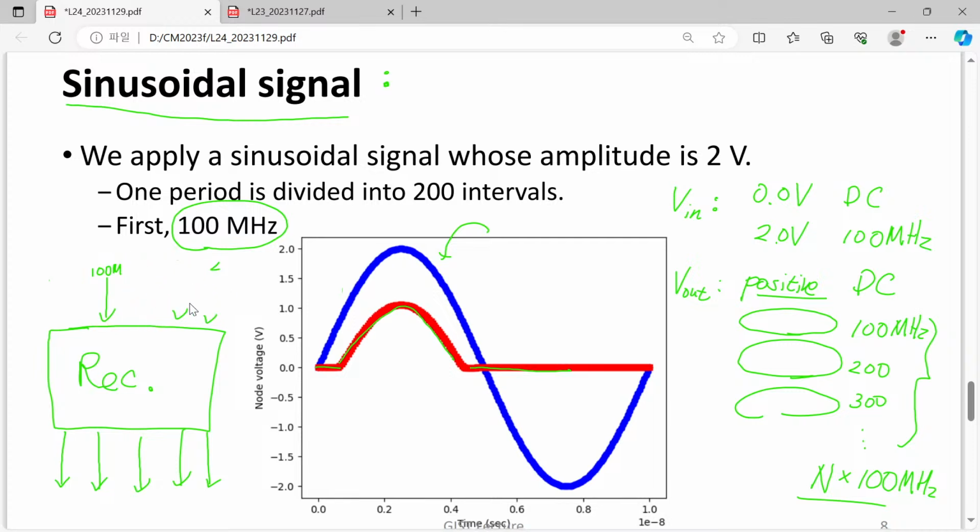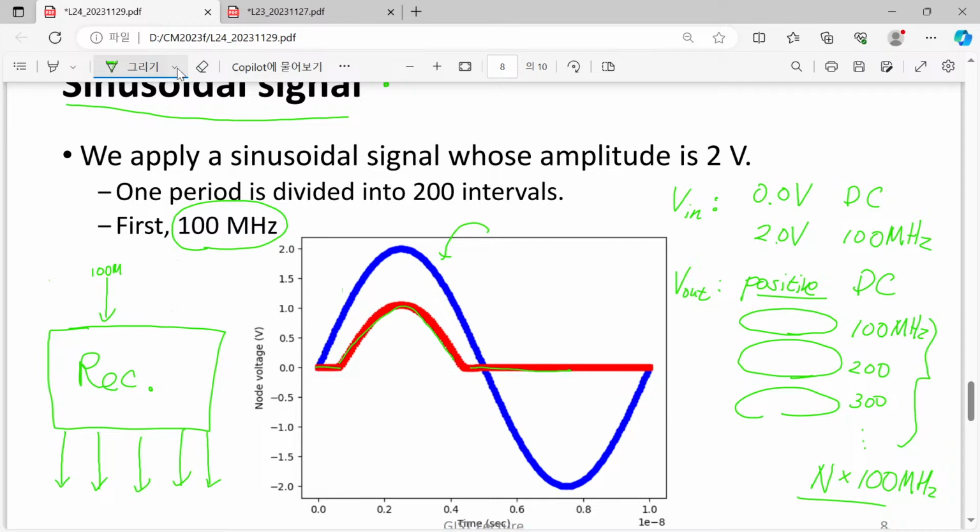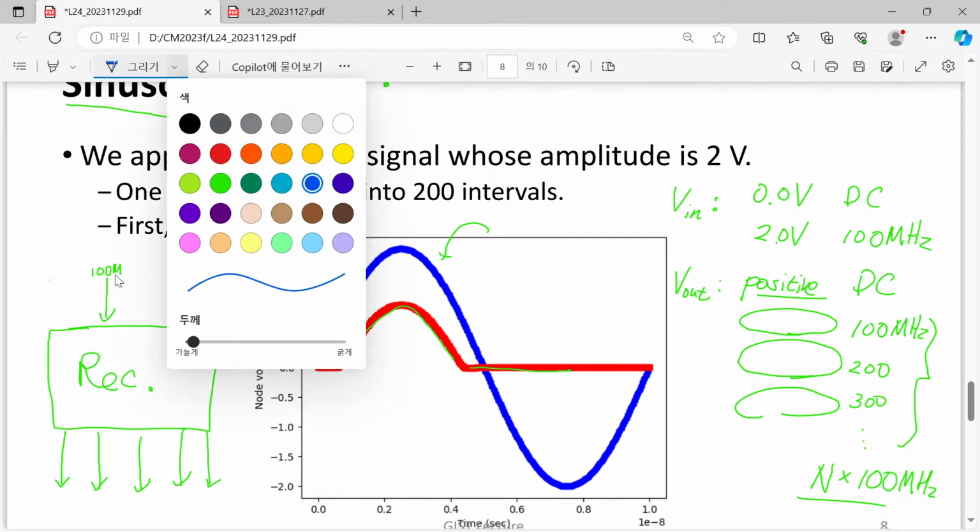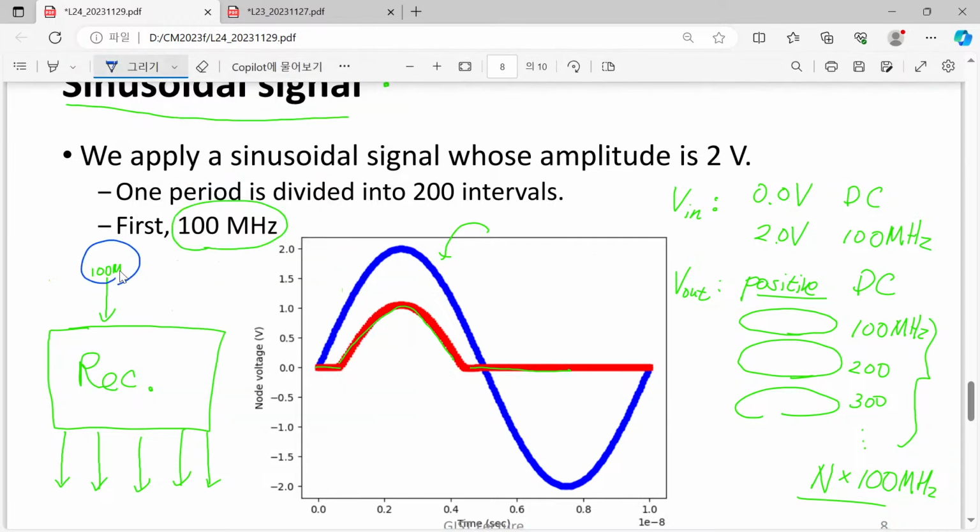Wow, in this rectifier circuit, you just apply a pure tone, and this pure tone generates the DC component and harmonic components. So wow, you can establish this kind of mapping condition.